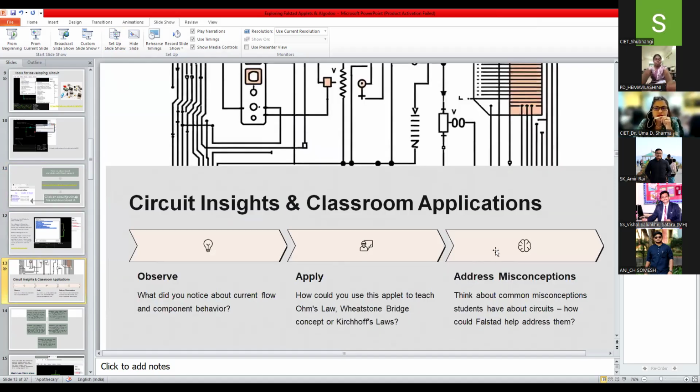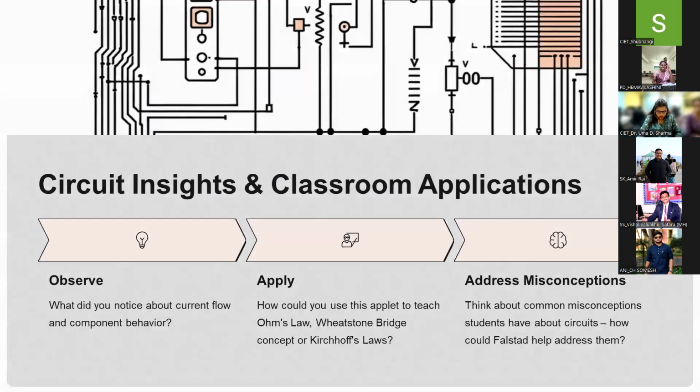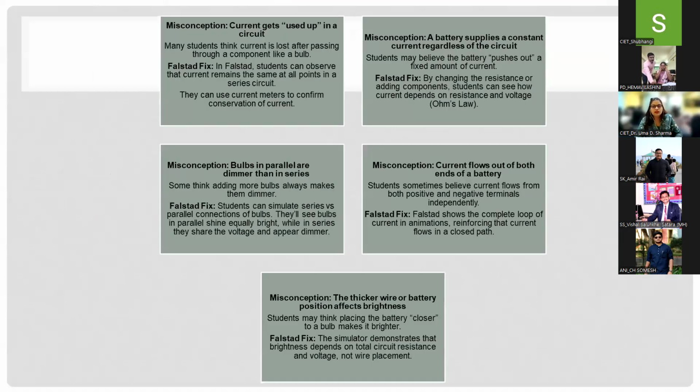So here is how we can include this in the classroom application. How can we address misconceptions and apply it at the classroom level? I have shared a few examples here.